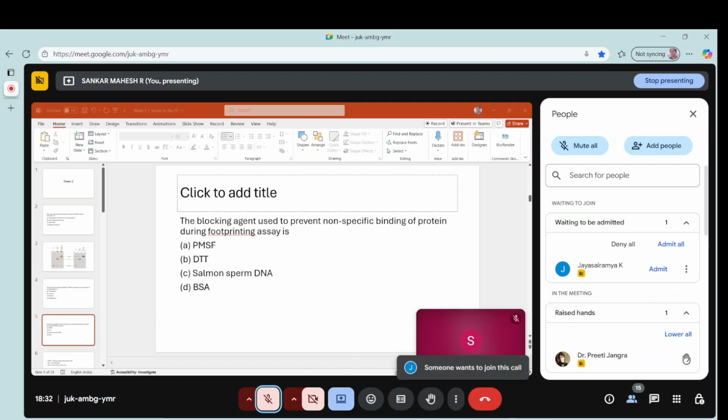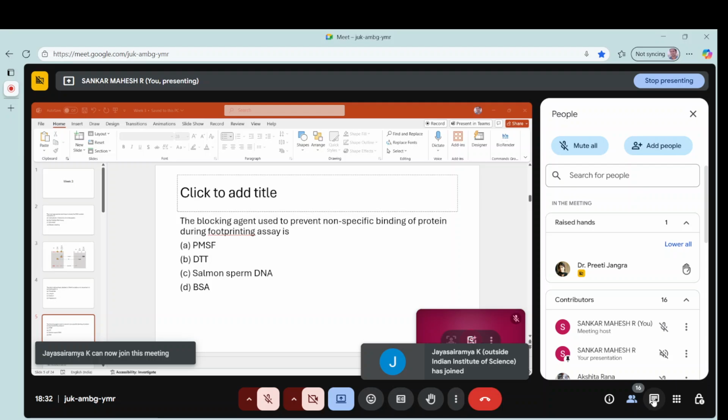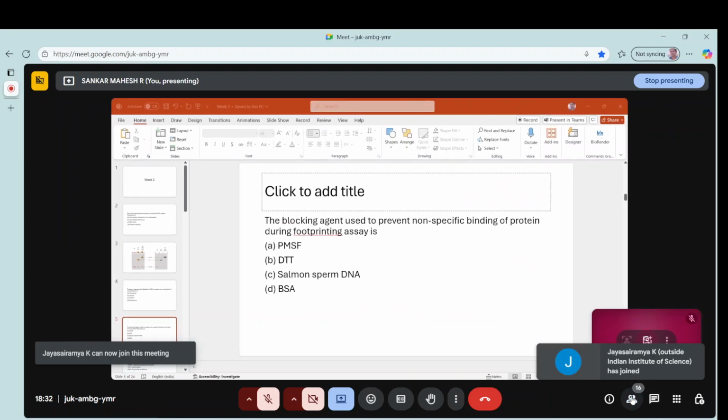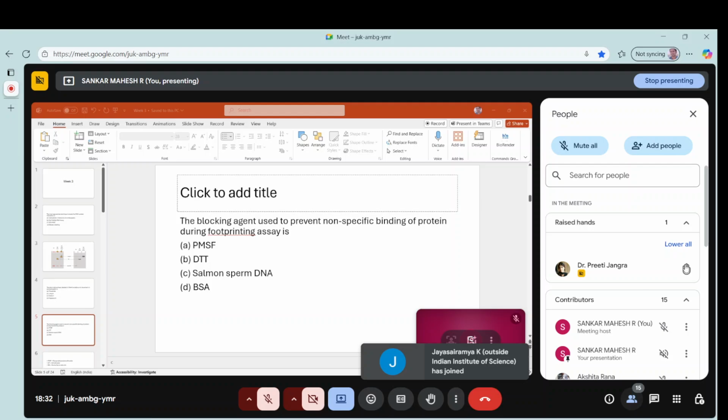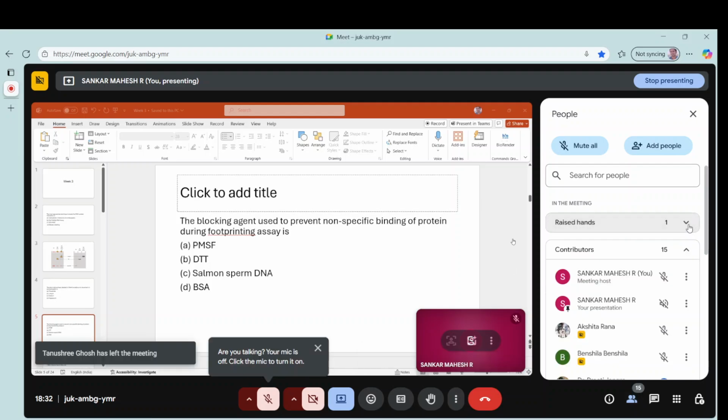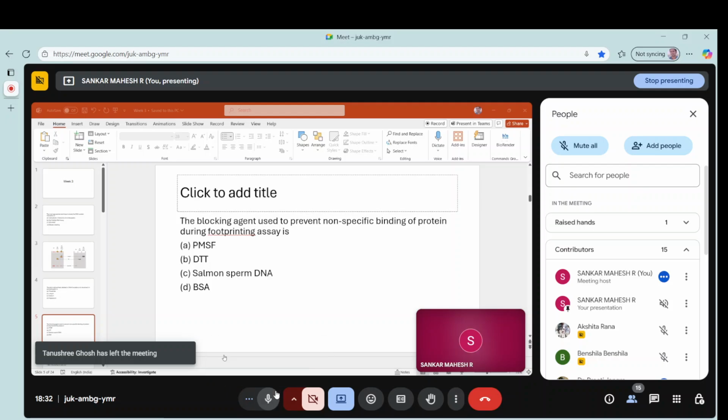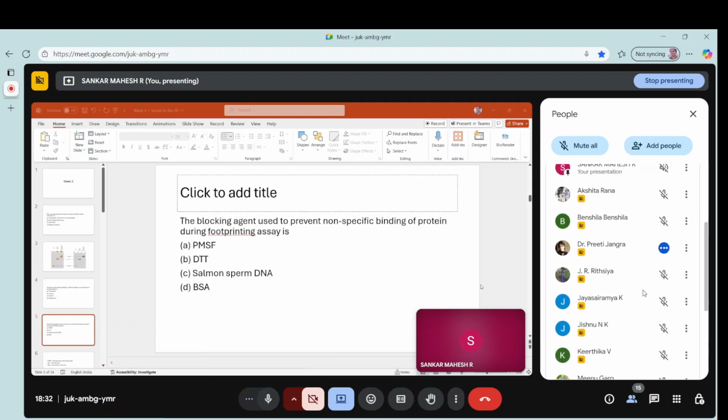So the footprinting assay is like when binding takes place between the complementary sequences. Is that like in the case of Southern hybridization, where we use salmon sperm DNA? No, no. We can use salmon sperm DNA for multiple different cases. But what is a footprinting assay?